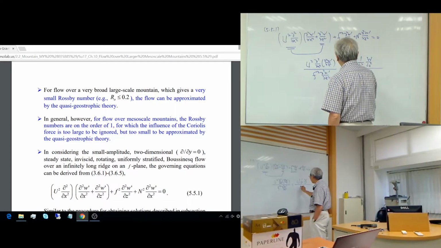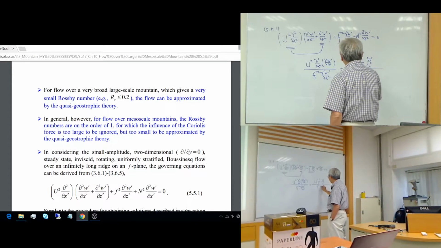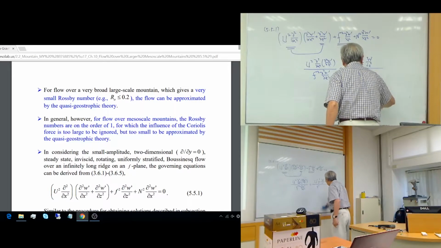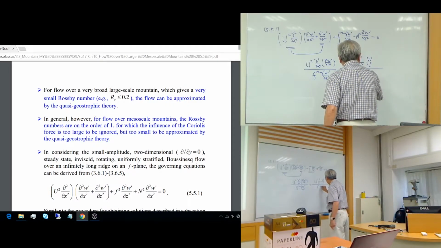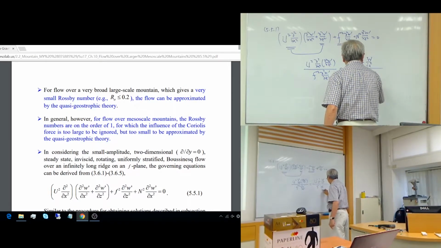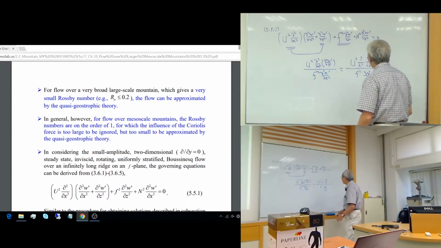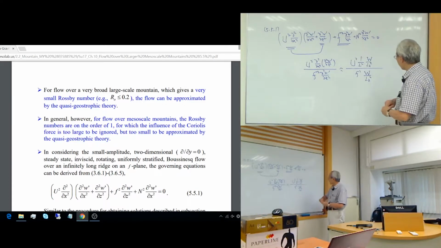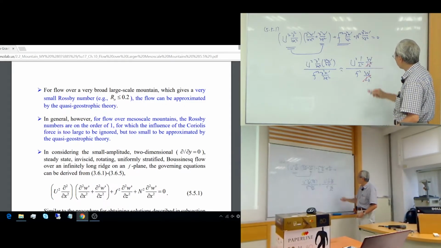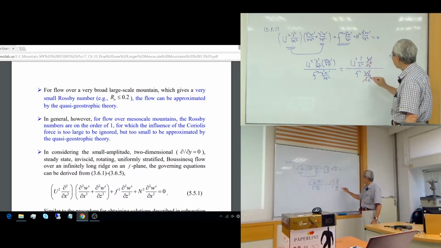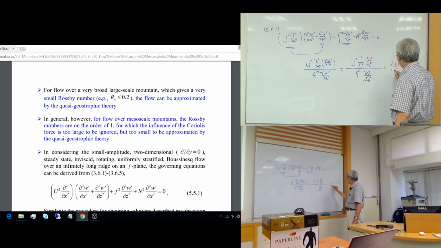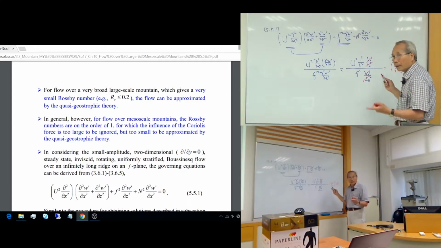Here it is f squared, w, divided by L_z squared. So L_z squared cancels out, w cancels out, and this equals U over fL squared, that's the Rossby number squared.